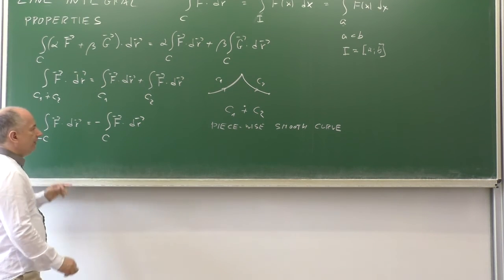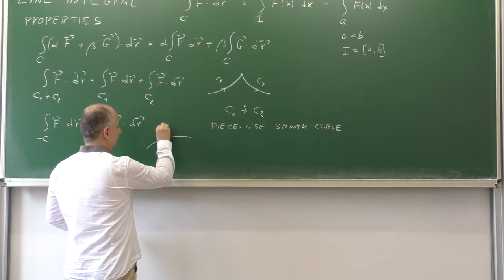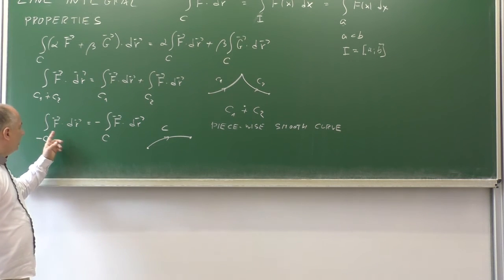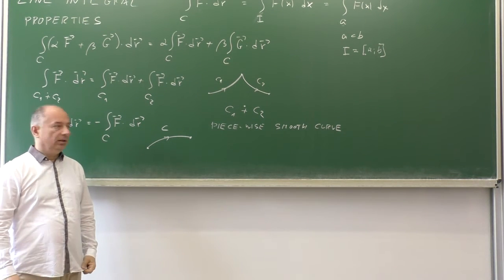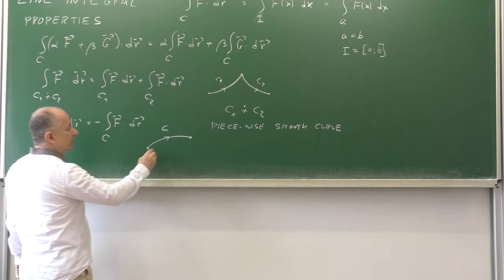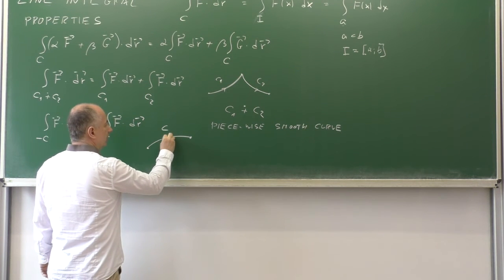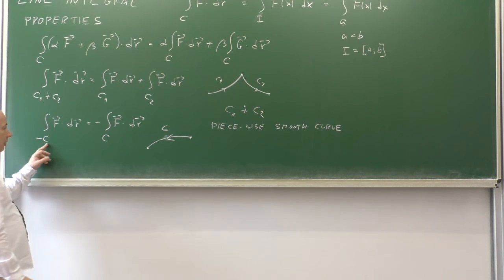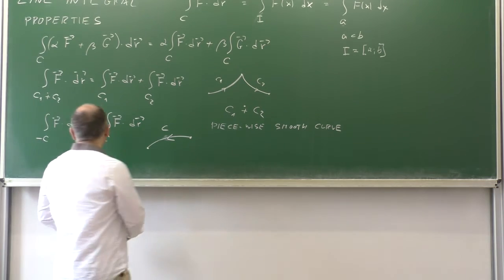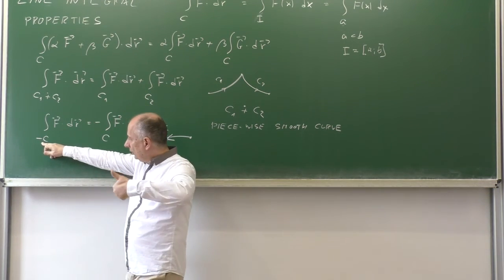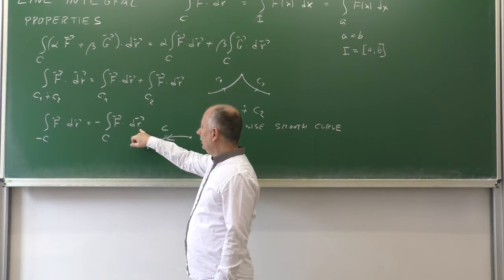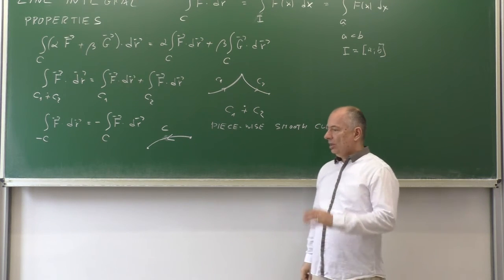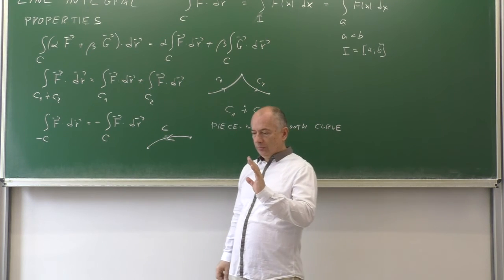And then, if we have some curve C with this orientation, and we evaluate the line integral, then if we consider the same curve but with the opposite orientation, which we denote minus C, then the line integral over this reversed curve is equal to the original integral with minus sign. This is easy to imagine if you apply some force.